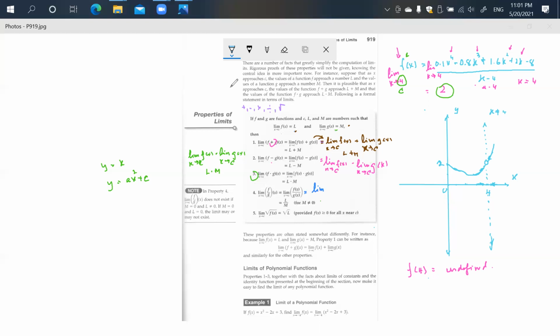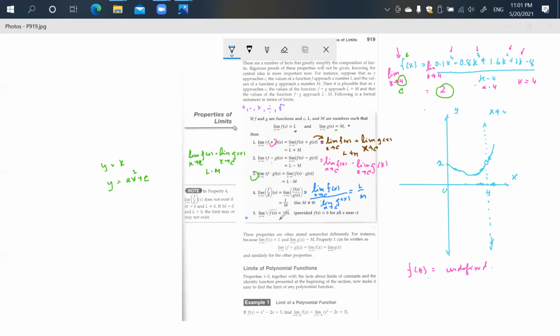Okay, now number four is division. So the limit of f over g of x equals limit of f of x divided by limit of g of x. So we have limit of f of x when x approaches c divided by limit of g of x when x approaches c, and this one is going to be L over m.